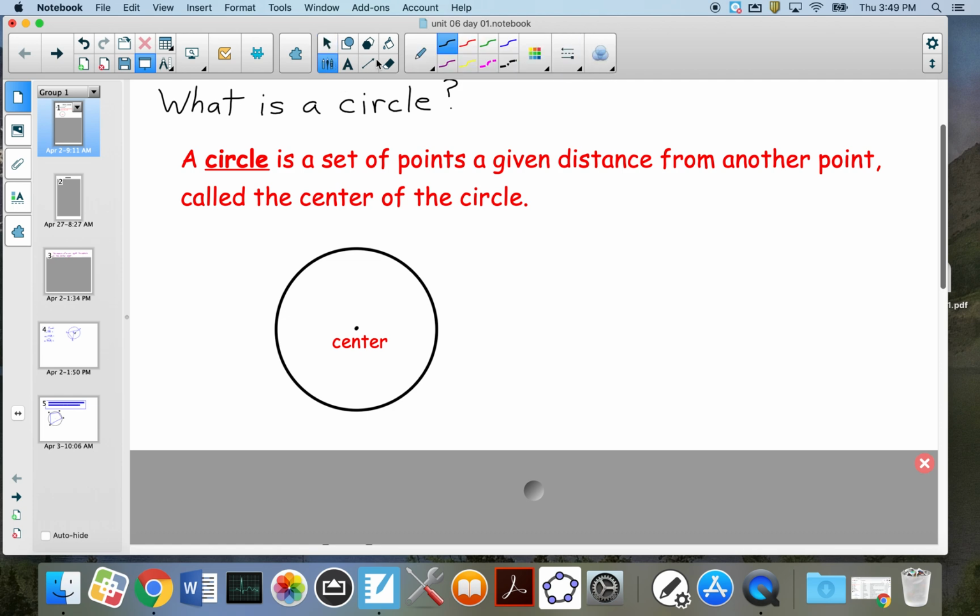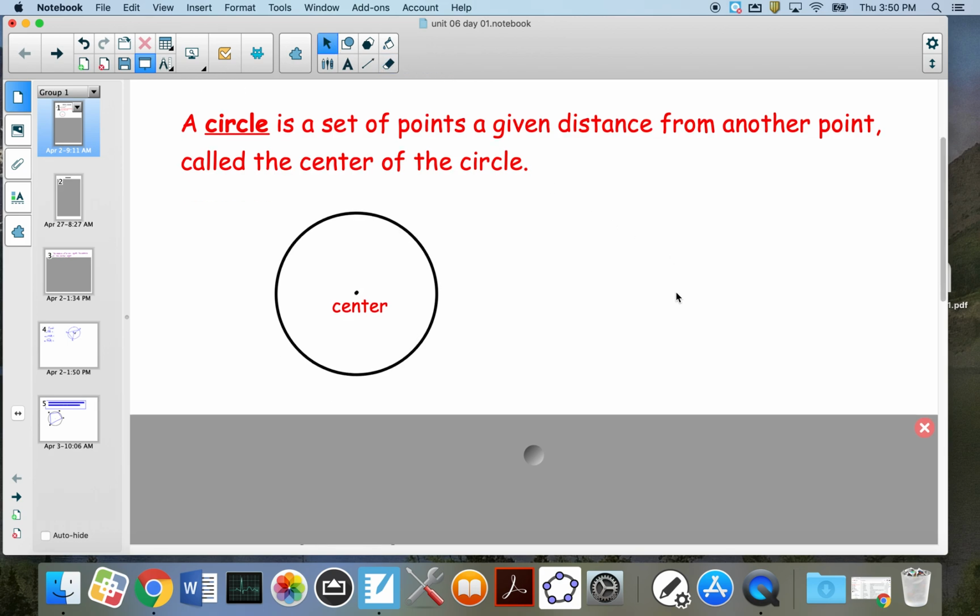Students would come up and measure, and then another student would come up and measure, and then another, and we'd keep going. I'd have people go again and again, and eventually it would form what we commonly refer to as a circle. Every point on the circle is a fixed distance from the center. And that's the definition of a circle.